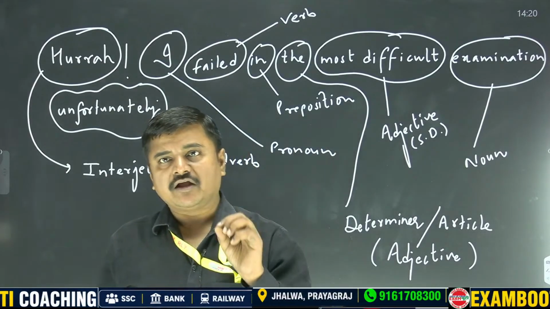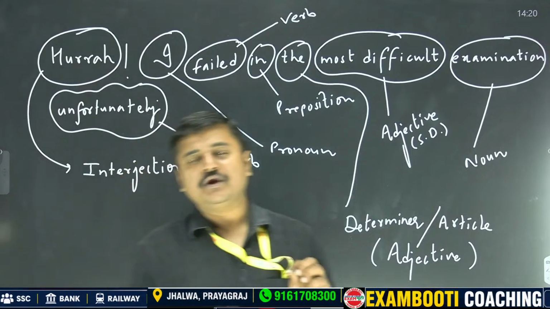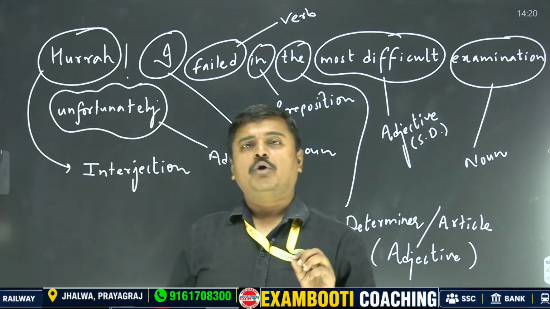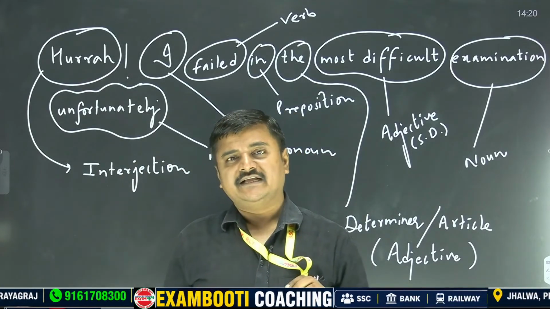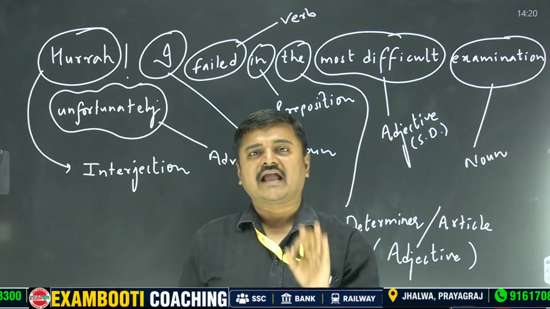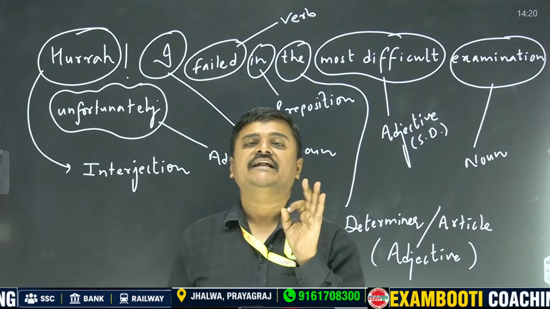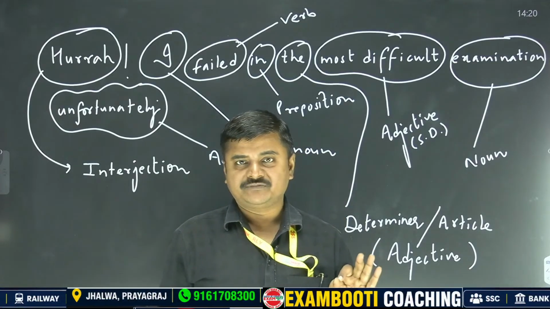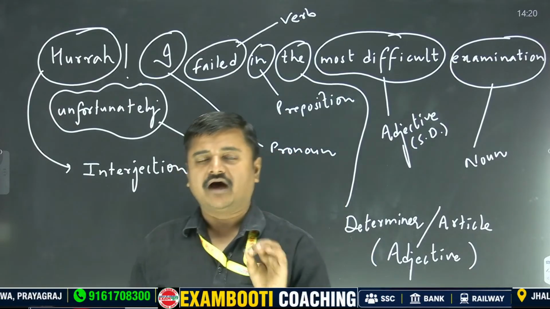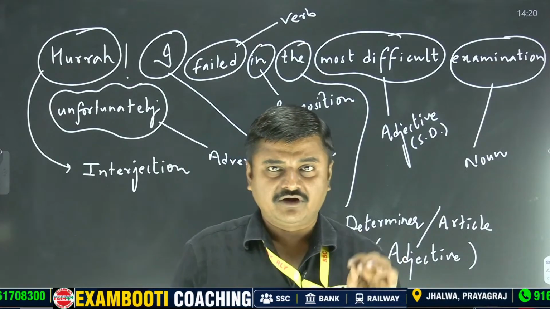So what we conclude today is that the most important thing is a word can be named according to the function it does in a sentence. So there are 8 functions that a word can perform.